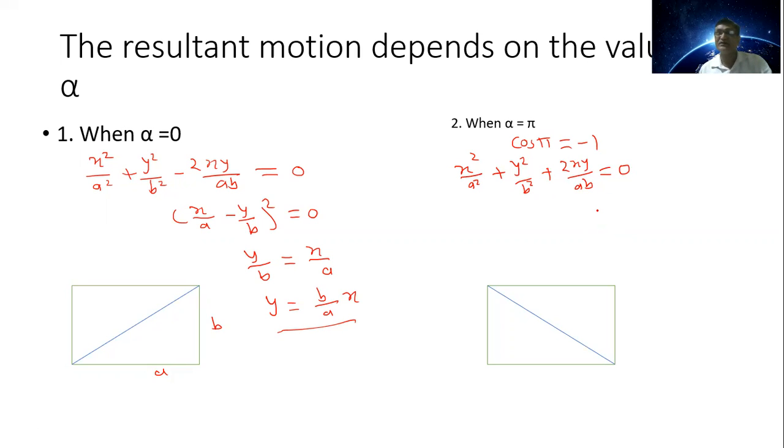Therefore, we get x upon a plus y upon b bracket square is equal to 0, and that is why y upon b is equal to minus x upon a. Finally, y is equal to minus b upon a into x. Again, this is the equation of a straight line, but its slope is minus b upon a.